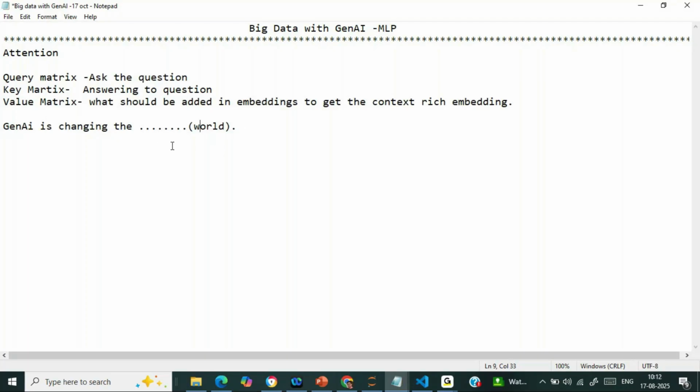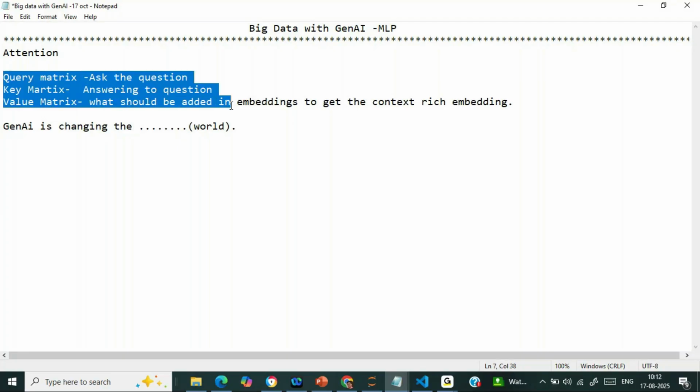So how can it be possible, unless the context of these particular words is baked into this particular token? Just focus over here: until the context of these tokens prior to this is baked in, I will not be able to predict the next word.